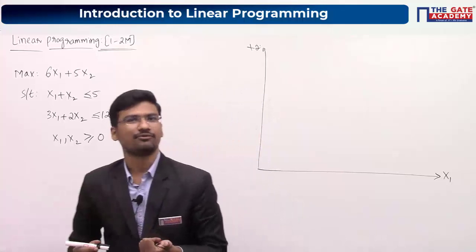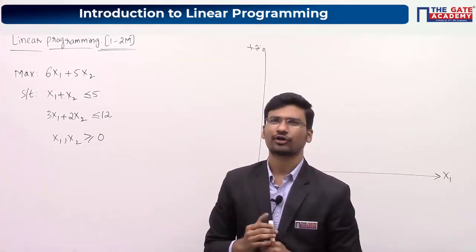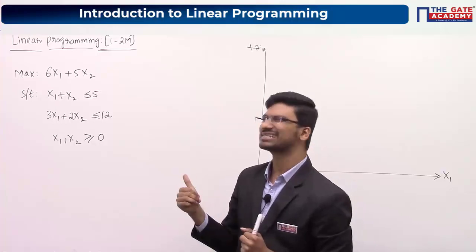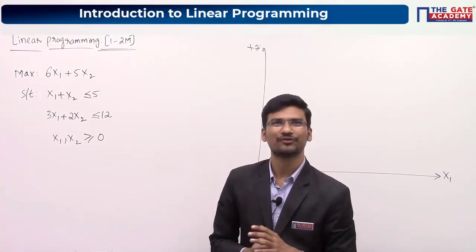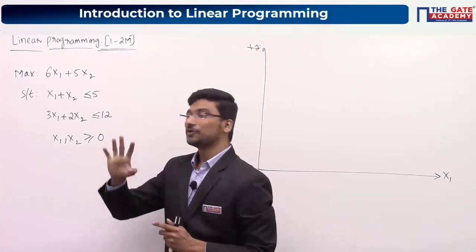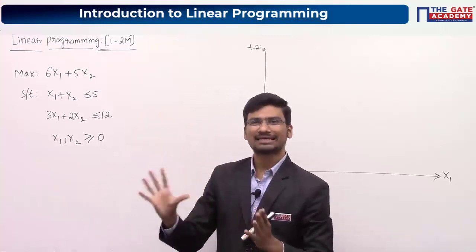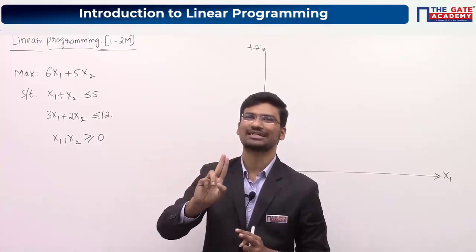Now can you tell me what could be the possible limitation for this graphical method? Okay, I am not getting any replies. Only two variables, okay. We cannot go to three dimensions. So the major limitation of the graphical method is that we can solve only two variables using it.